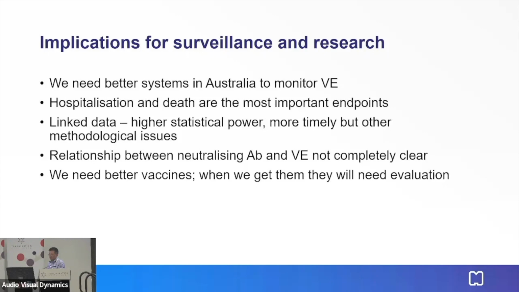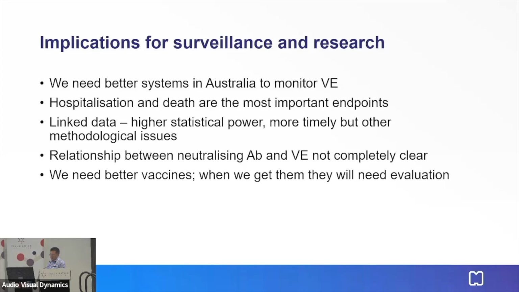PCR testing is no longer as relevant as it was, and we really need to focus on hospitalisation and death as the most important endpoints, and then perhaps long COVID has been pointed out. Linked data is quite powerful, has very high statistical power, and is very timely, but there are other methodological issues that need to be thought through. And I think the best use of it is really to complement other methodologies to make sure that everyone's on the same page and that everything seems to make sense.